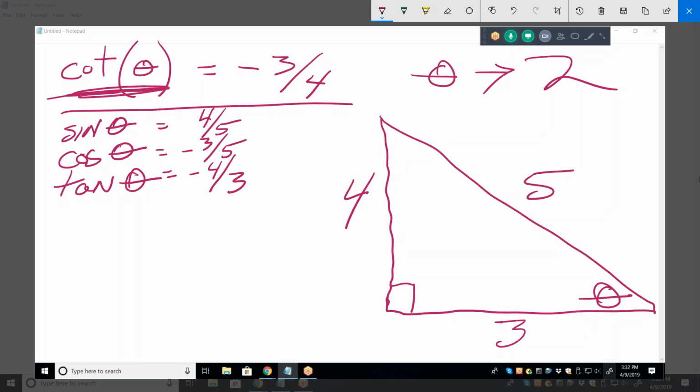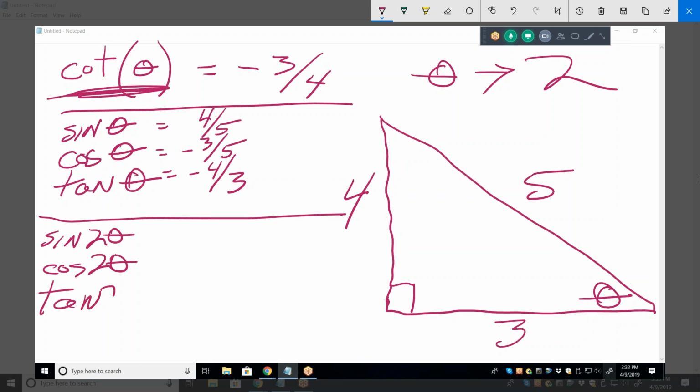Now, the question said: find the sine, cosine, and tangent of 2 theta. Sine of 2 theta, cosine of 2 theta, and tangent of 2 theta. What's the formula for the sine of 2 theta? What's the general formula?